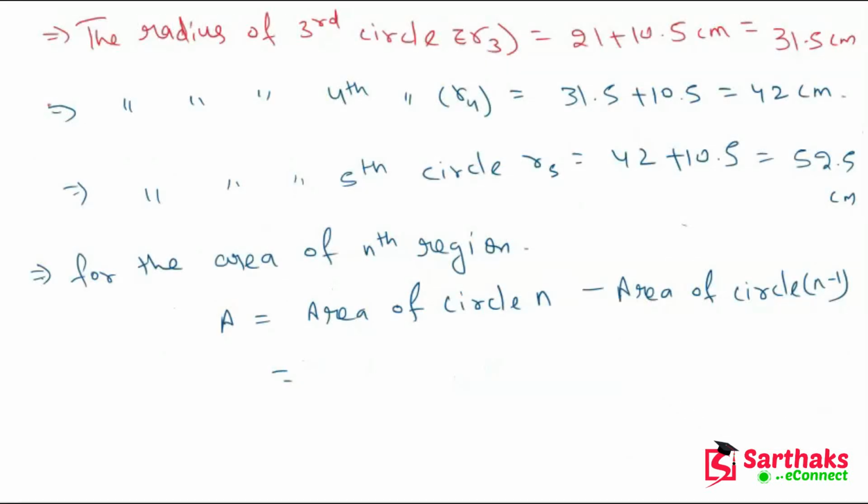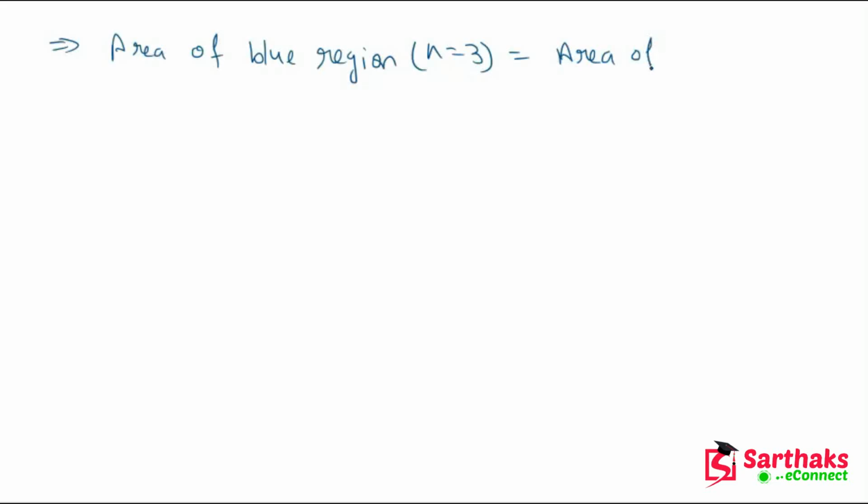So for n equals 3, the area of the blue region equals the area of the third circle minus the area of the second circle.